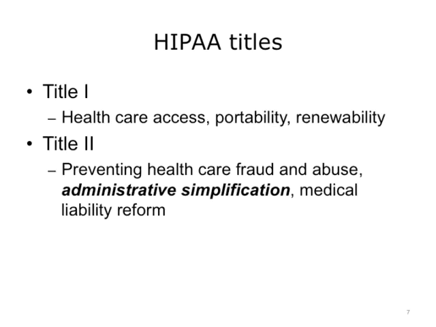There are two titles to HIPAA. The first title dealt with the portability and renewability of health coverage when moving from one job to another, or from group-based coverage to individual coverage. The second title dealt with, among other things, the administrative simplification of the process by which providers submit claims to the government and health insurance companies for payment.